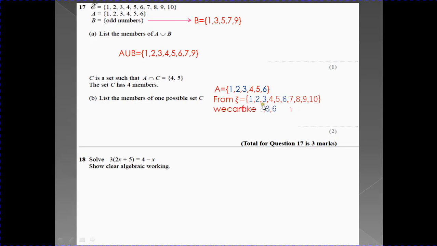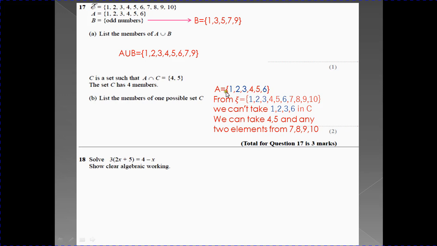From the universal set 1, 2, 3, 4, 5, 6, 7, 8, 9, and 10, we cannot take 1, 2, 3, 6. Okay, we can take 4 and 5 and any two elements from 7, 8, 9, and 10. Okay, because our intersection must include 4 and 5.